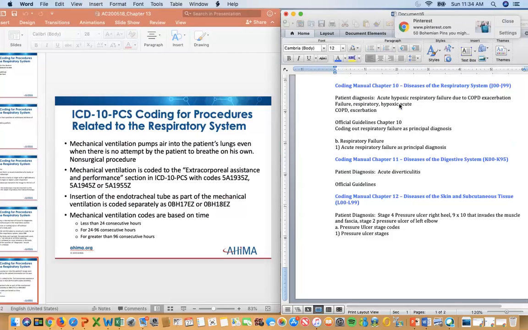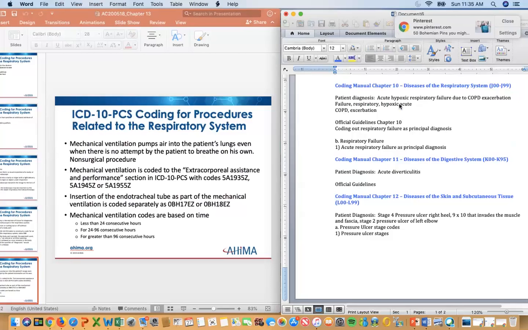We can find obstructive. And we have the J44.9. But what we're looking for is chronic obstructive pulmonary disease. Let's just keep looking through the index. So I really want to find chronic obstructive pulmonary disease.